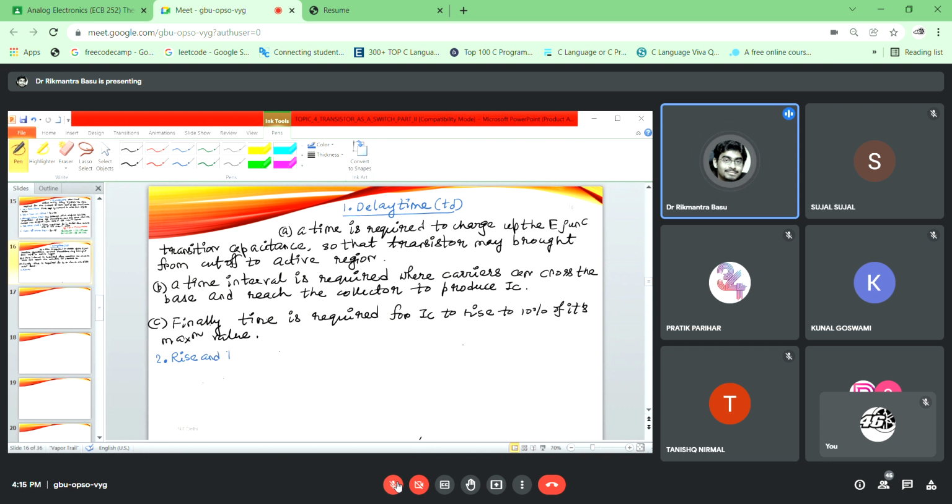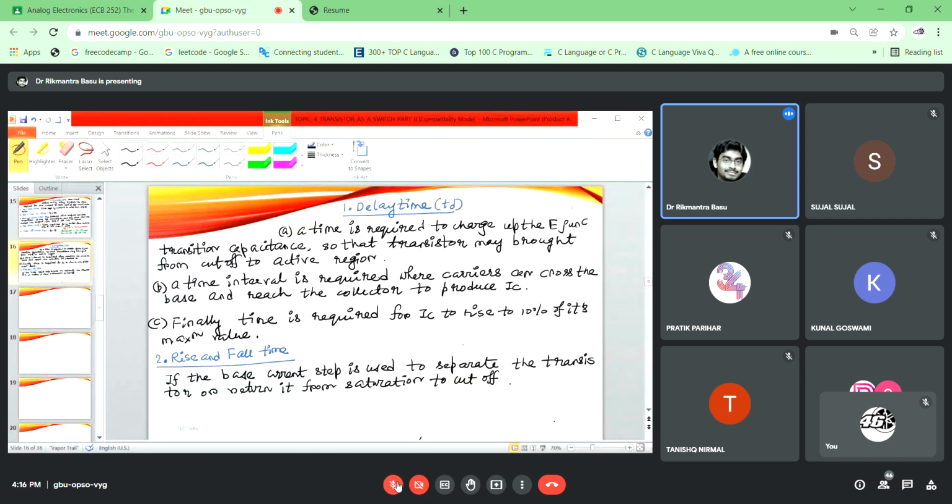Correspondingly, for the rise and fall time, if the base current step is used to switch the transistor or return it from saturation to cutoff, IC must traverse the active region.